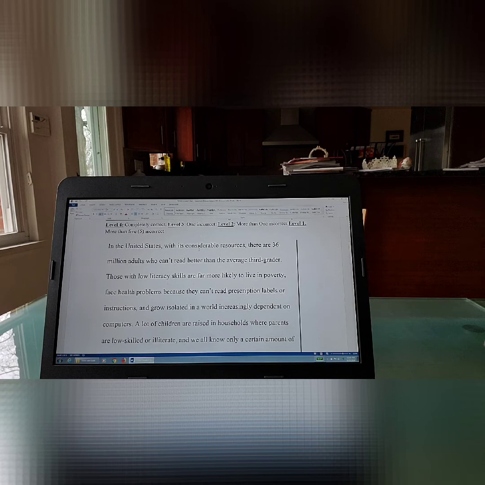So if you look at the first sentence, it says, in the United States, with its considerable resources, there are, right? So are would be the first verb in the sentence. Let's take a look at that and highlight that. And we'll do that like that.